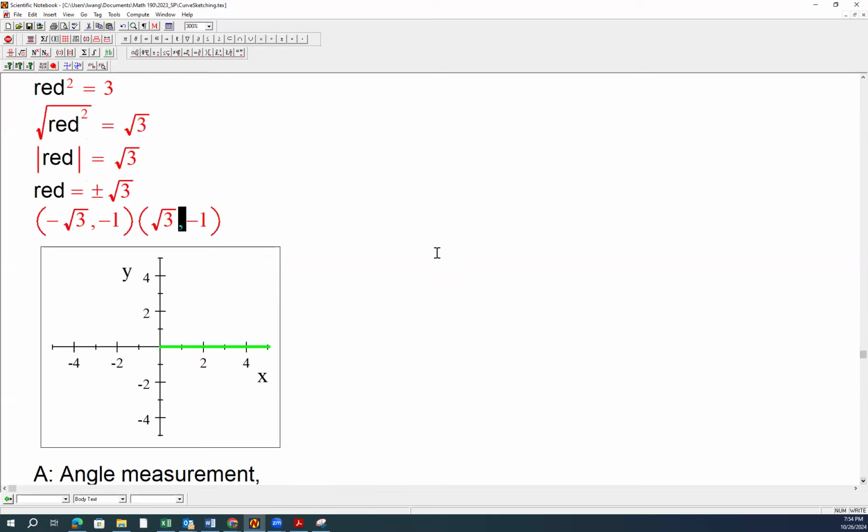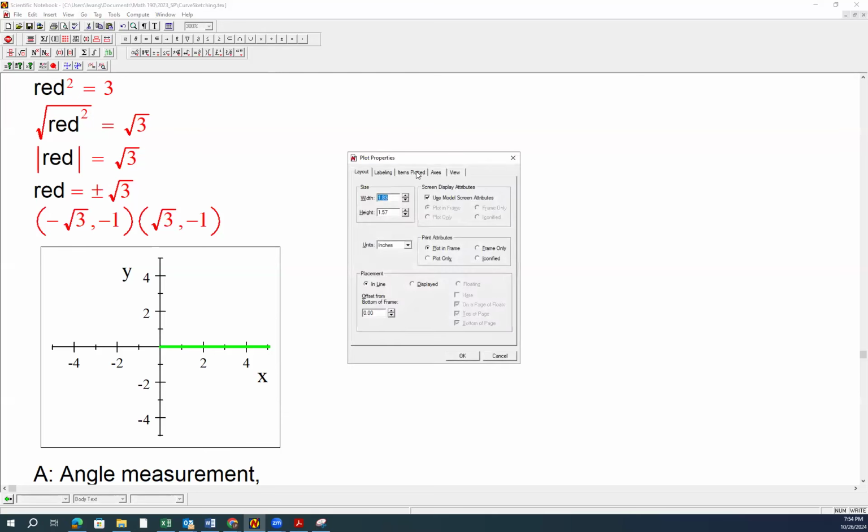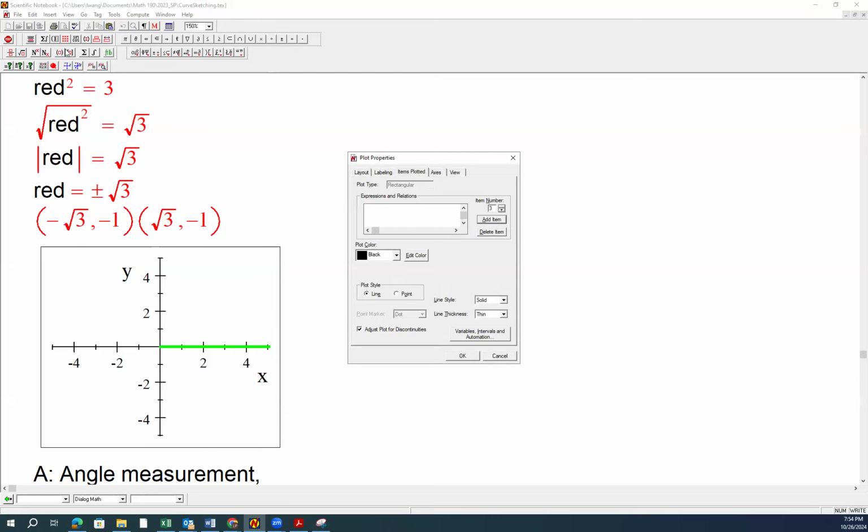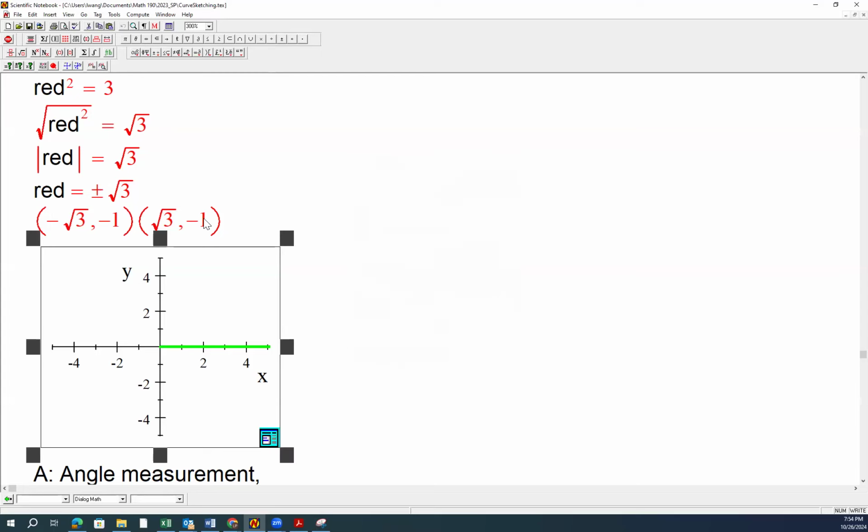So we're going to plot these 2 points on our rectangular system. Oh, wait, sorry. Hold on. This one will give us a terminal.